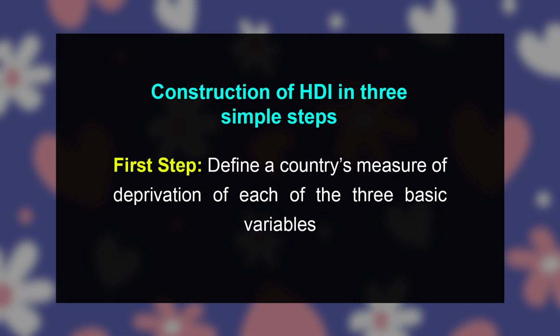With these three variables, the Human Development Index is constructed in three simple steps. The first step is to define the country's measure of deprivation of each of the three basic variables. The minimum and maximum values are defined for the actual observed values of each of the three variables in all the countries.